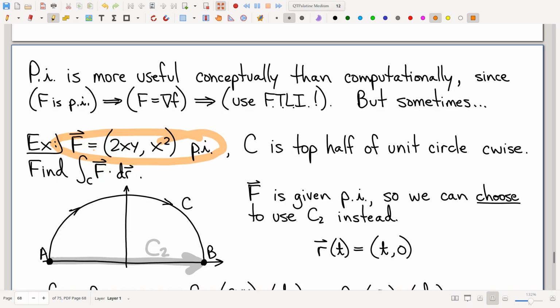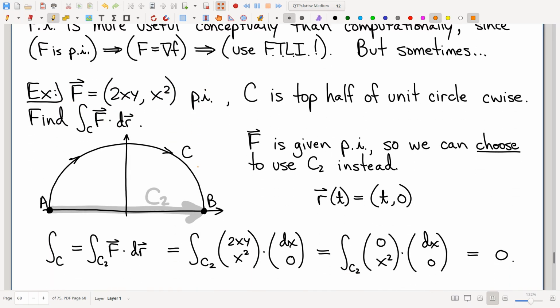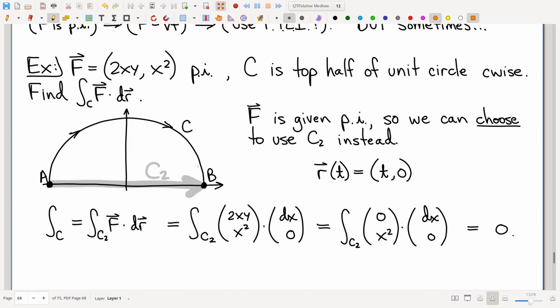It'd be a fun little exercise. Can you dream up an anti-gradient that would work for this? I'll show you how later. So we're going to pretend that we don't know how to do an anti-gradient. We're going to pretend we can't use the fundamental theorem of line integrals. And path independence is nice in a case like this.